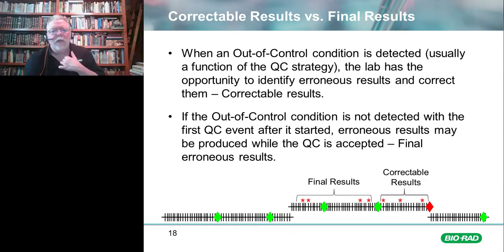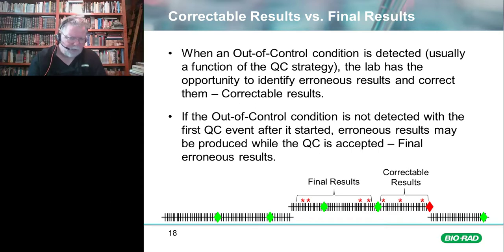So if we look at this little cartoon of our test method here, each vertical slash is a patient being tested. The diamonds are QCs. So I test a bunch of patient specimens, I test QC, my results are accepted, so I continue testing. And then I have an out-of-control condition.